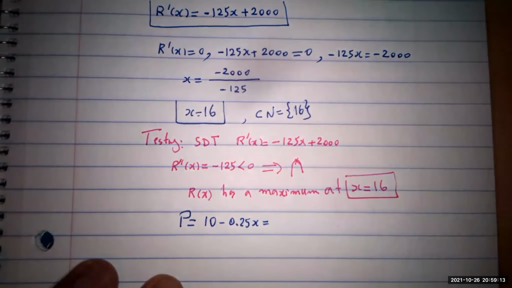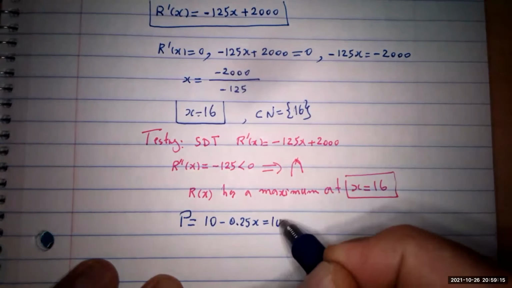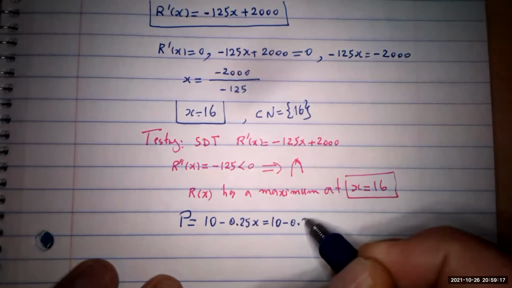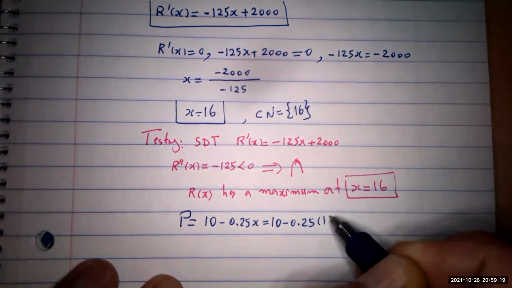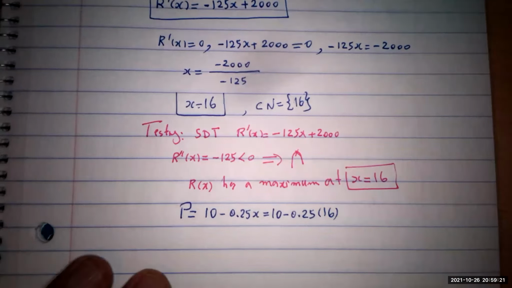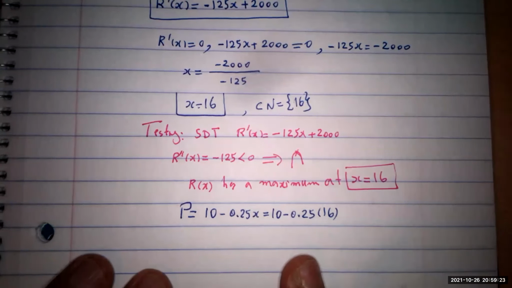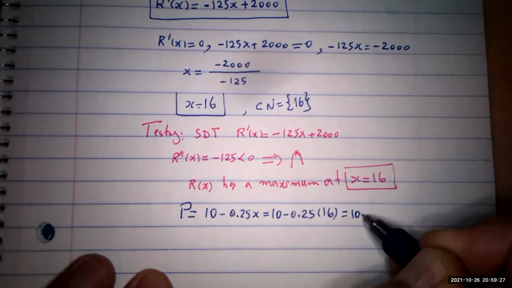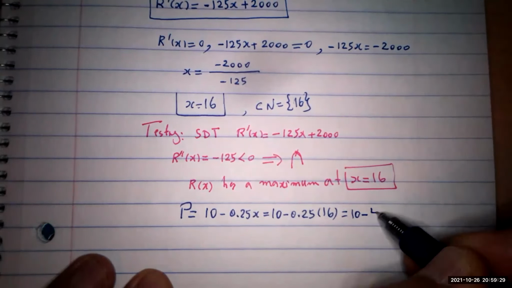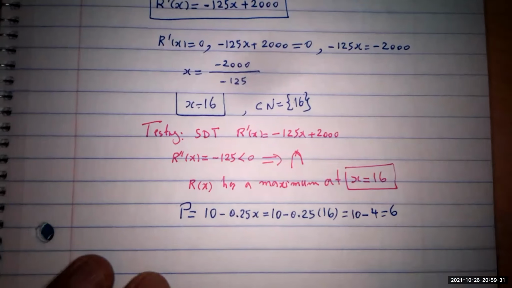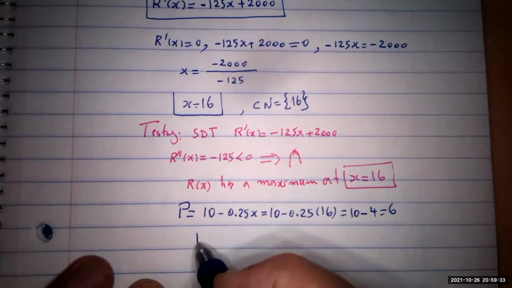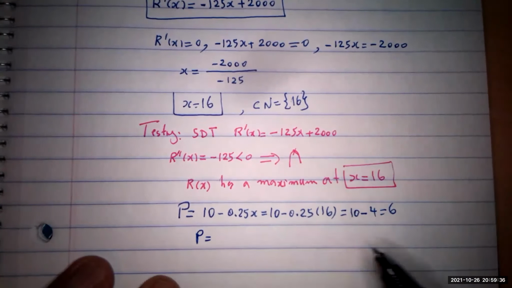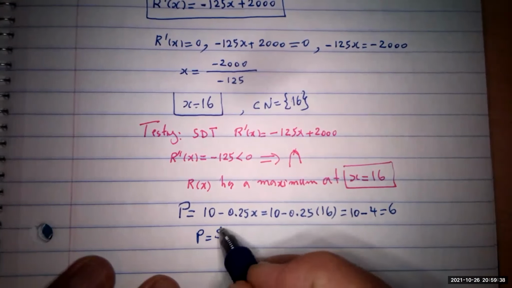So it's going to be equal to 10 minus 0.25 times 16. It's like a quarter, so that gives you 4. So it's going to be 10 minus 4, which is equal to 6. So the new price that you're going to charge is $6.